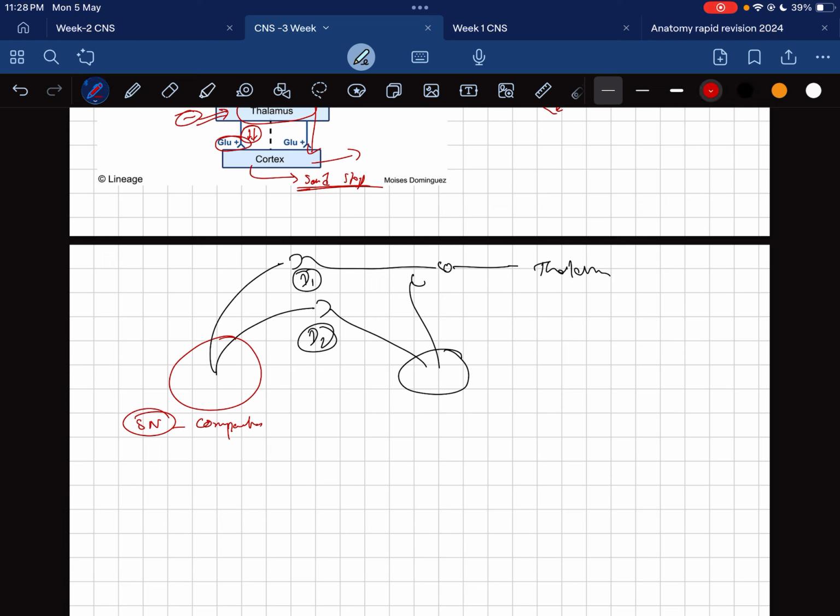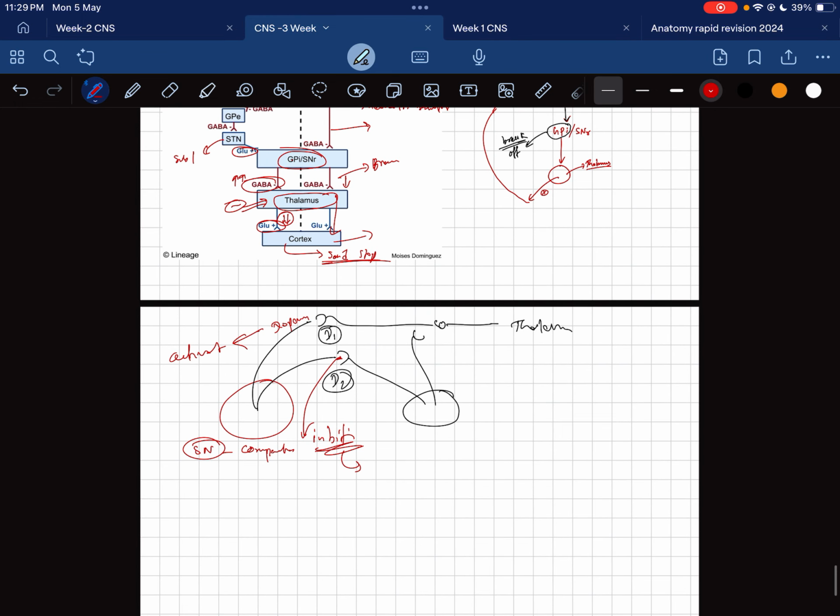When dopamine goes in the direct pathway, it stimulates and activates go, but when it goes in the D2, it inhibits. So overall the dopamine modulates movement so that there is no jerky movement.